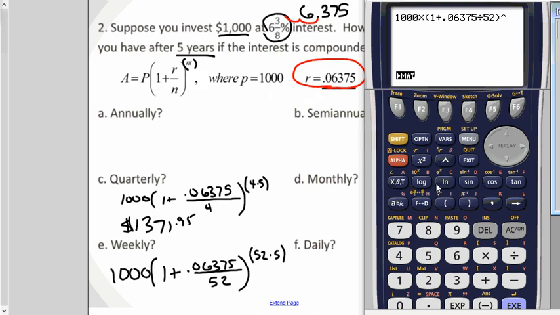Now I've got to raise that to the 52 times 5 power. Hopefully, if I got all that in there, I should get a number that's really close to the one that I had, 1370 or so. If we round to the nearest penny, this will be 1375.14.